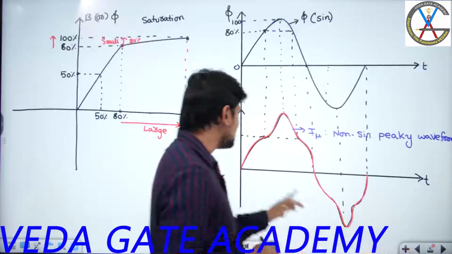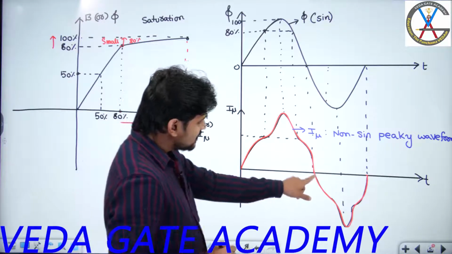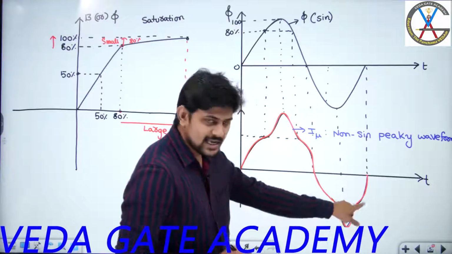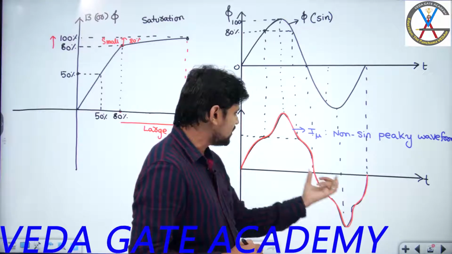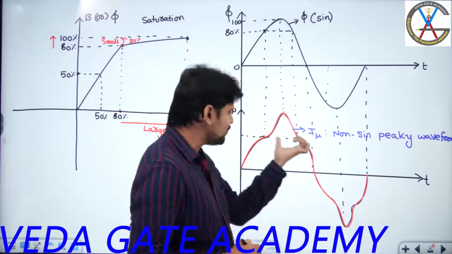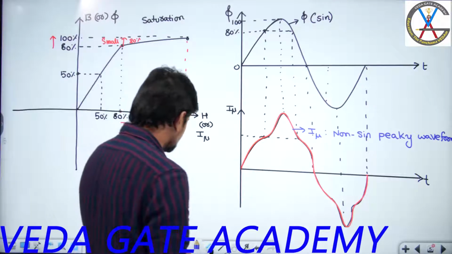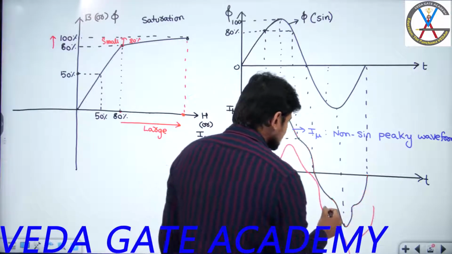What is the meaning of symmetric? If you consider this I mu, it is a peaky waveform. This is the first half cycle and this is the second half cycle, and the reflection of the second half cycle will exactly match the first half cycle.